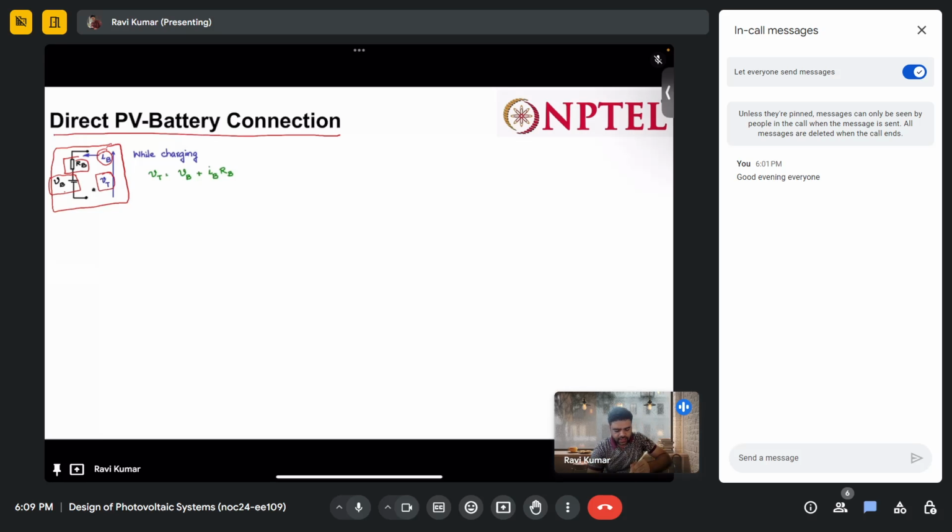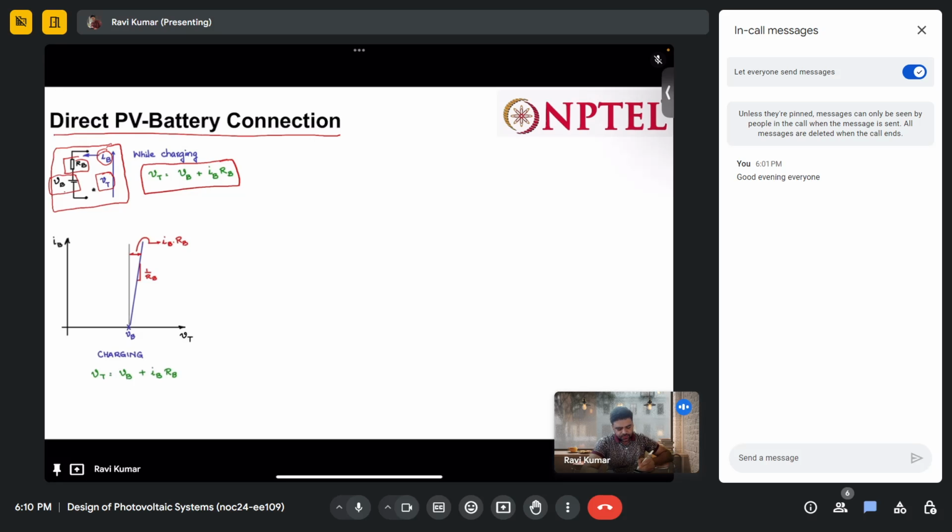If we are giving some current IB to this battery, the minimum potential required to charge the battery will be VT equals VB plus IB RB. So this is the potential which we require while charging. Now let's see what the characteristics of a battery are. While charging we have VT equals VB plus IB RB.